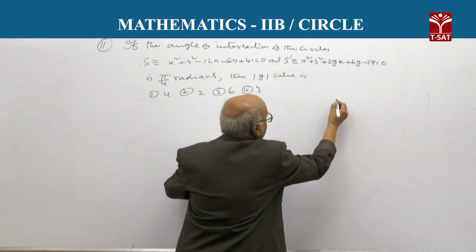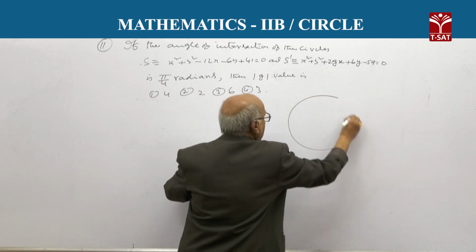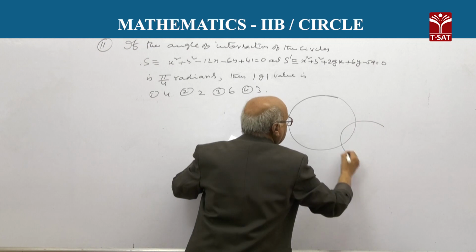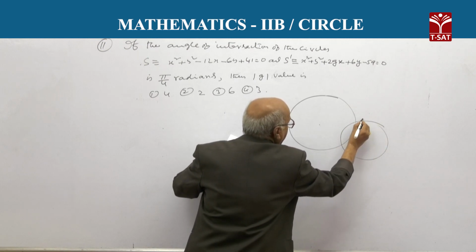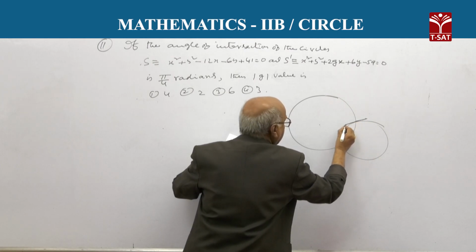Right. Angle of intersection. Two circles intersect, and you know that the angle of intersection is nothing but the angle between their tangents.